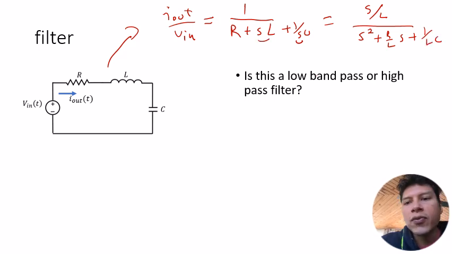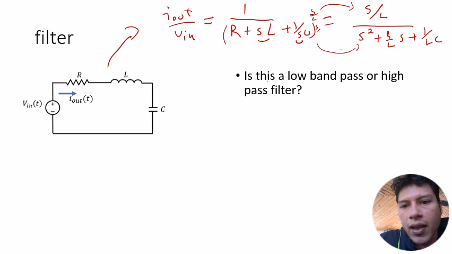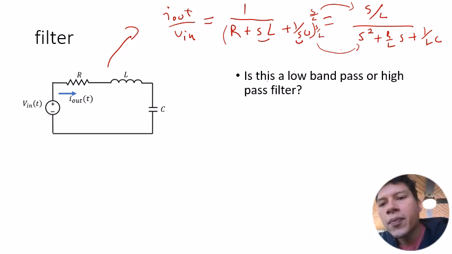I wrote this term first, that's why we have S squared. I just multiplied the top and bottom by S over L, and that's how I got the S over L in the numerator and the denominator.